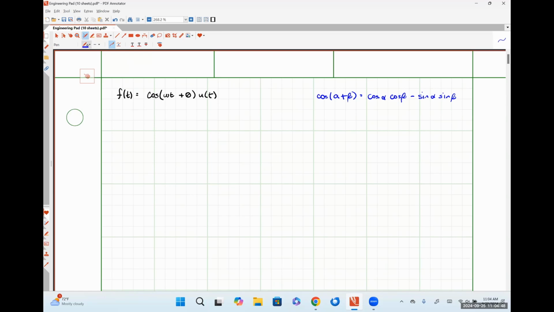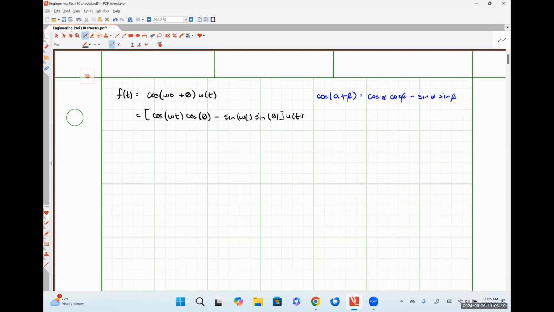So for us, that's going to look like cosine of omega t times the cosine of theta minus sine of omega t times the sine of theta, all of that multiplied by a unit step function.